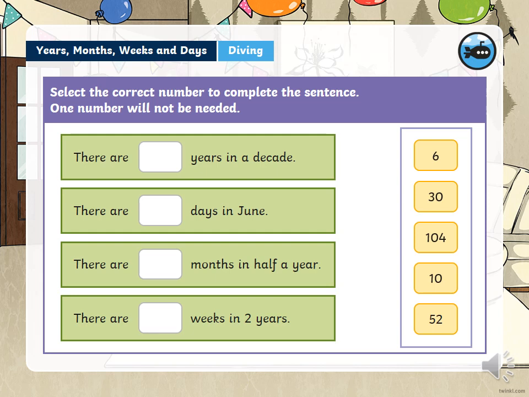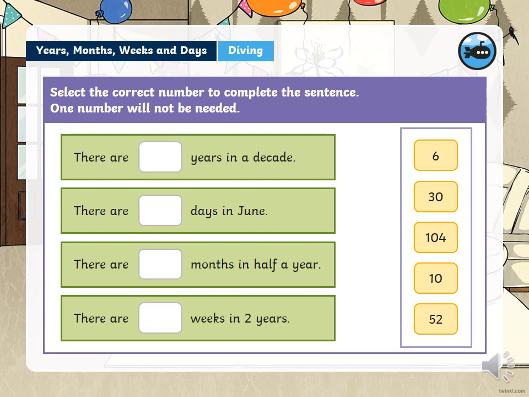So what I want you to do is pause the video and work this out for yourself. You can write the questions down and then fill in the sentences, or you could just write down 1, 2, 3, 4 and the numbers next to it. Pause the video for a few seconds and then we can work it out together.